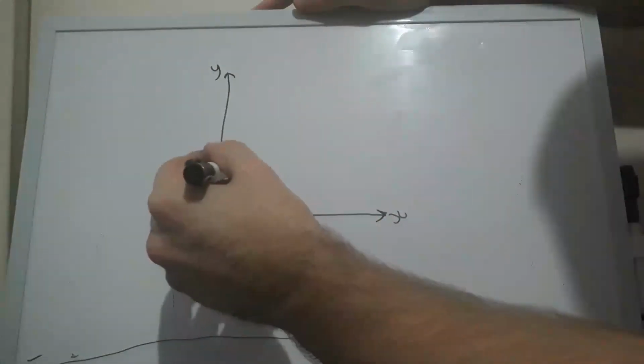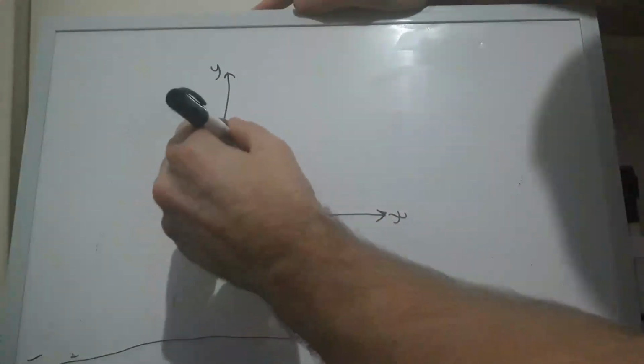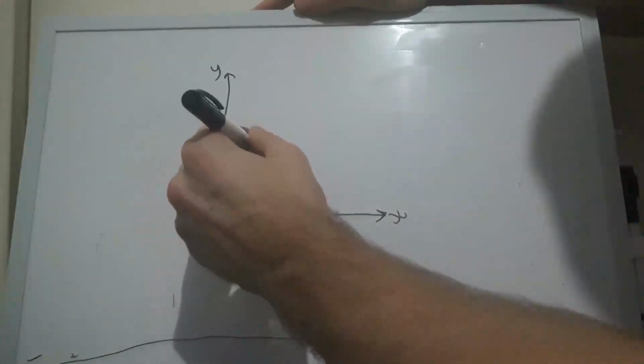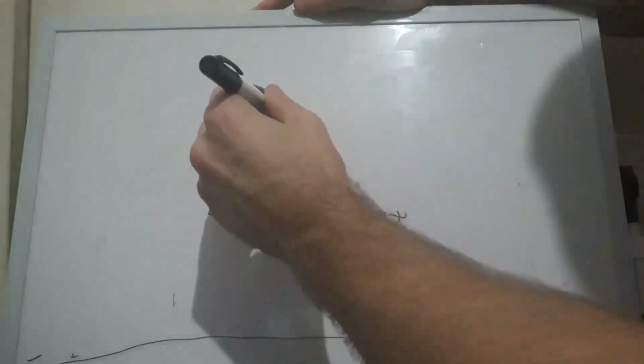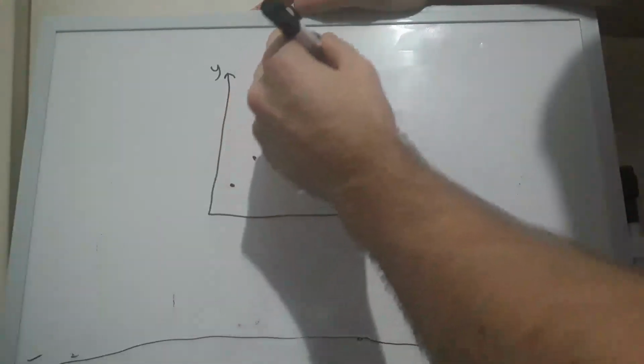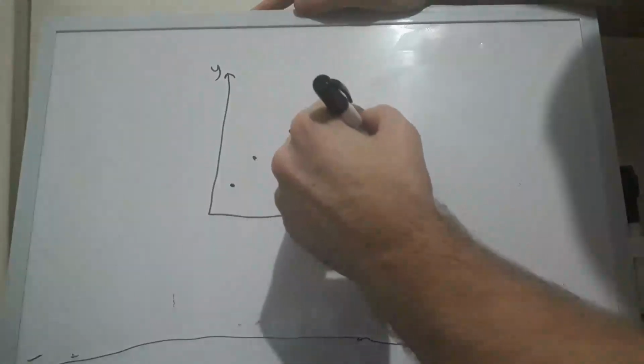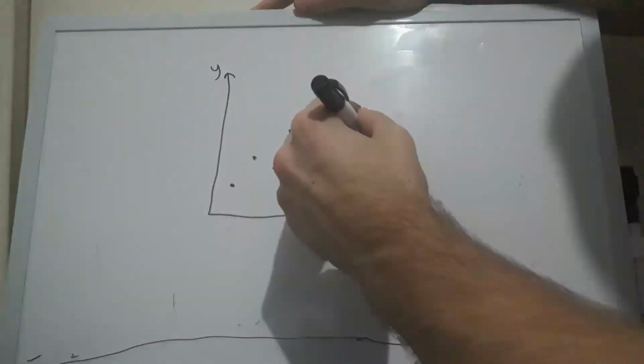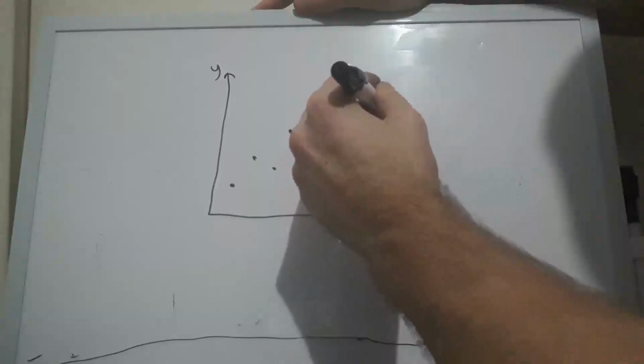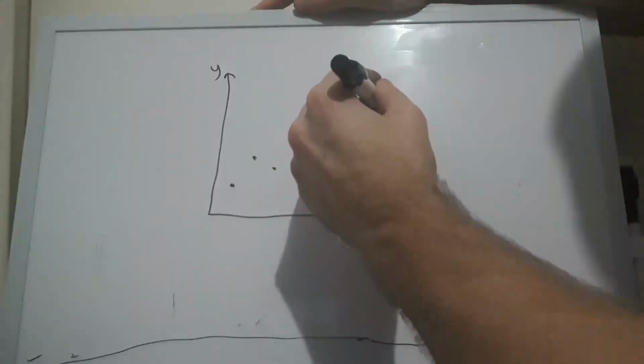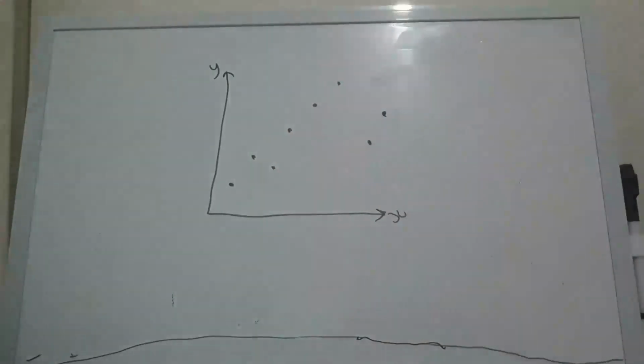Let's say we have a bunch of data points. Let's say here, here, here, here, here, here, and let's put one here, and let's say another one there. Okay.